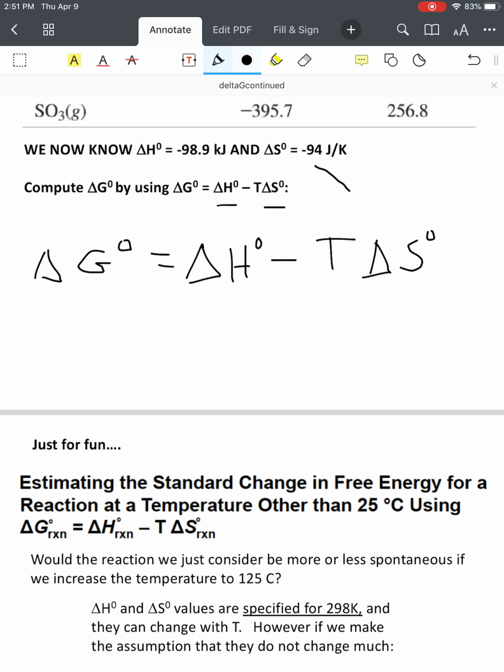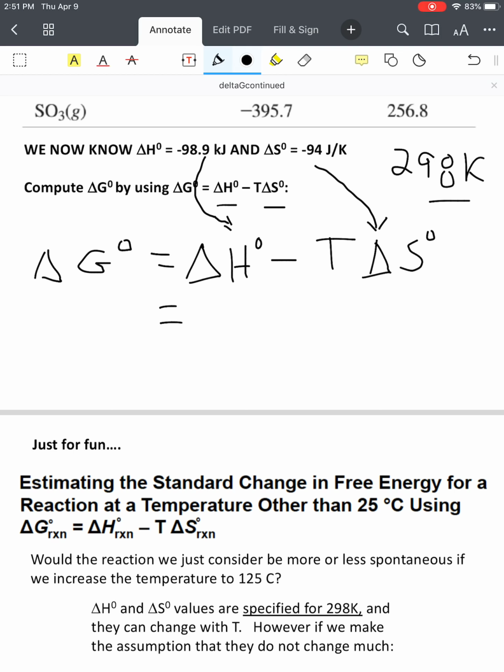Since we know our value of delta S, we just computed it from the tabular data, we can plug in a number there. We know the value for our delta H0, we can plug in a number there, and all we need to do is solve this. Now, the original question asked us about room temperature, or 298 Kelvin. So we're going to plug in that for our T, aren't we?